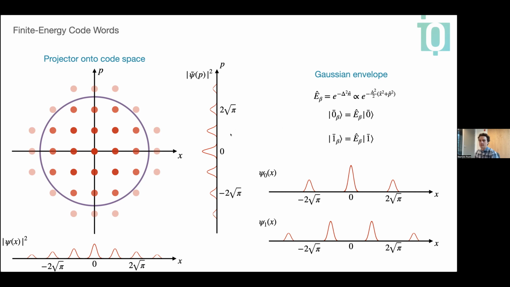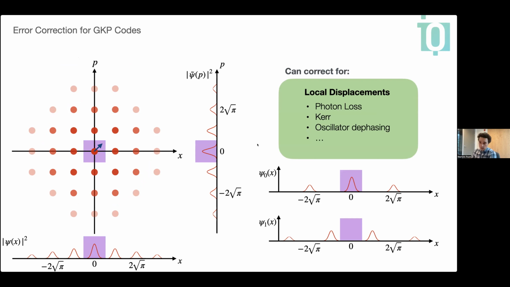So I've described what the code is and what the code words are. I haven't explained why it's a good idea to do this or how to do error correction, so that's what I'm going to do now. The idea is this code can protect against any small displacement. Why is that useful?